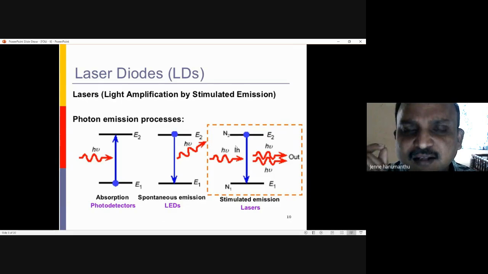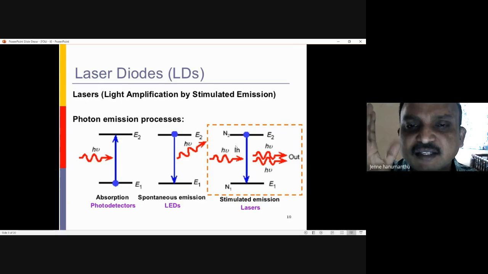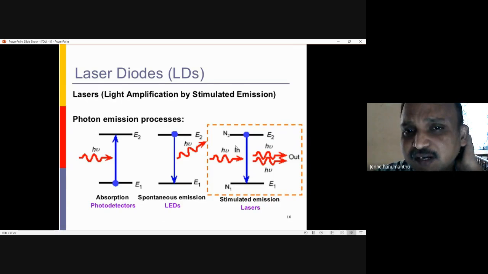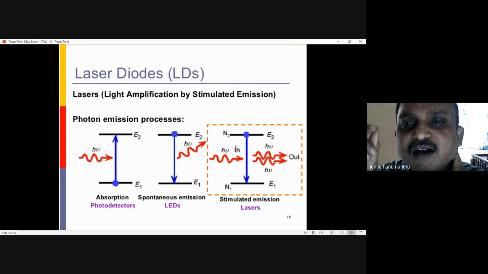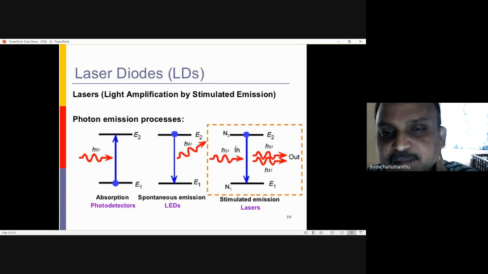The important thing is, once the atoms take a transition from a low energy state to a high energy state, the atom cannot be stable at the high energy state. They will always come down to the low energy state, because the high energy state cannot be stable.